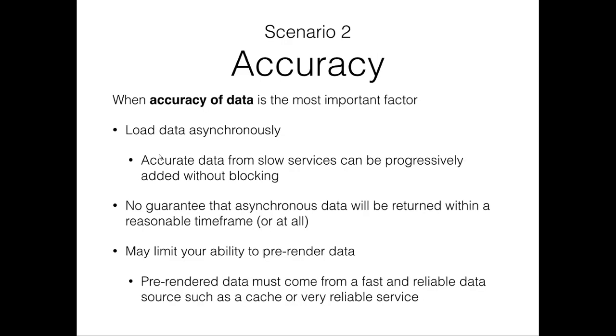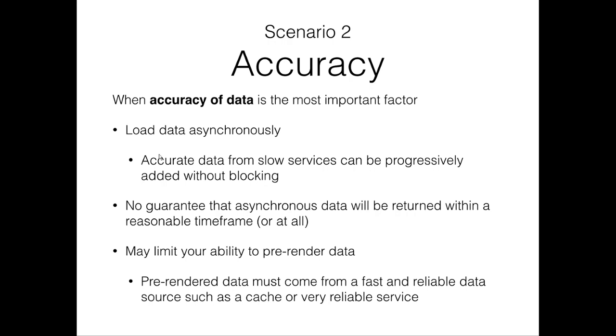Scenario 2 is when accuracy of data is the most important factor. So accuracy trumps speed and reliability. It sounds weird, but there's some data that just absolutely has to be accurate. In this case, one option is to load it asynchronously. Accurate data from slow services can be progressively added to the site without blocking the whole page. So you may load some slow stuff below the fold.